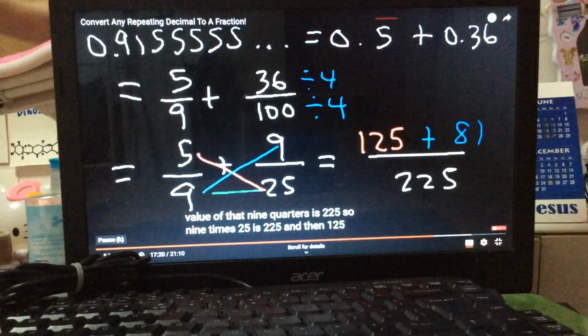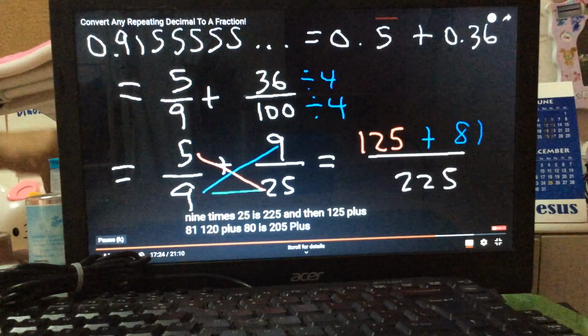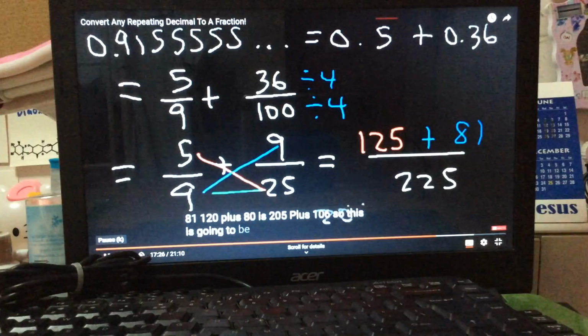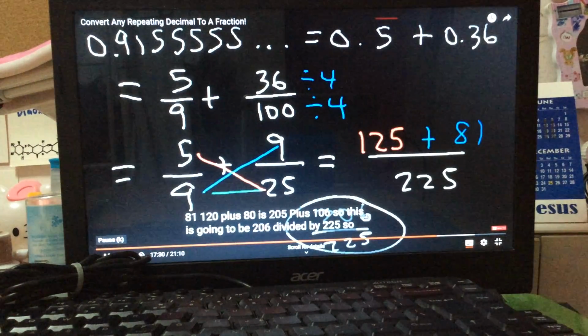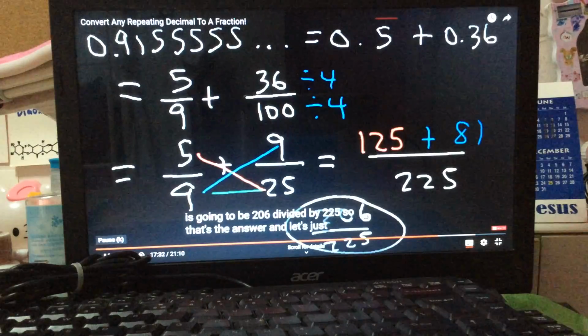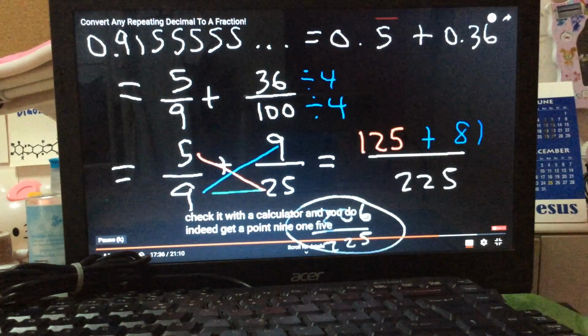And then 125 plus 81. 120 plus 80 is 200. 5 plus 1 is 6. So this is going to be 206 divided by 225. So that's the answer. And let's just double check it with the calculator. And you do indeed get 0.915 repeating.